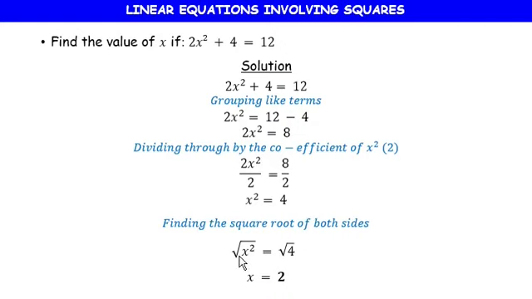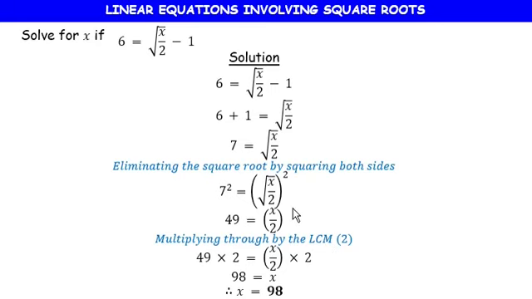And once you find the square root of one side, you have to find the square root of the other side. That is why, after finding the square root of x squared, we also found the square root of 4. So that is how to solve linear equations involving squares. I believe it's well understood. Okay, let's proceed.